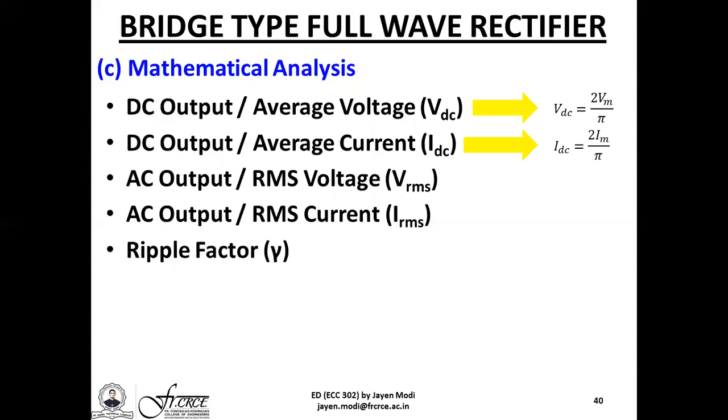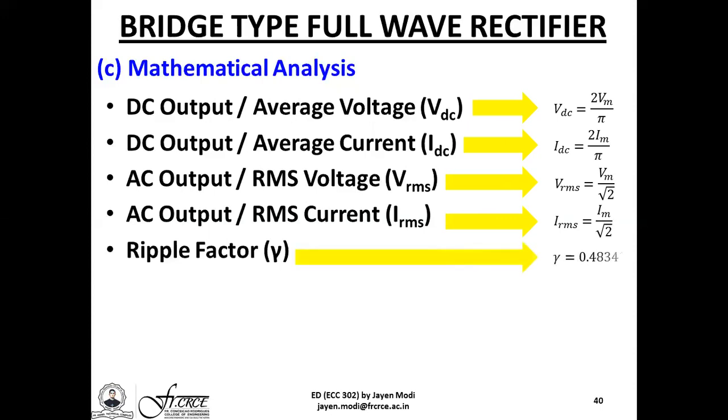For the RMS value of the AC output voltage VRMS, the expression we were able to derive was VRMS is equal to Vm by root 2. And for the RMS value of the AC output current IRMS, the value was IRMS is equal to Im upon root 2. Ripple factor was again derived to be gamma is equal to 0.4834.